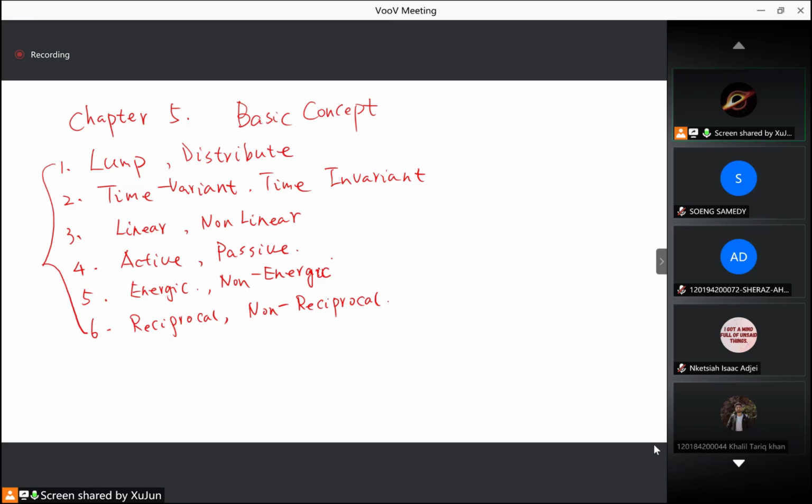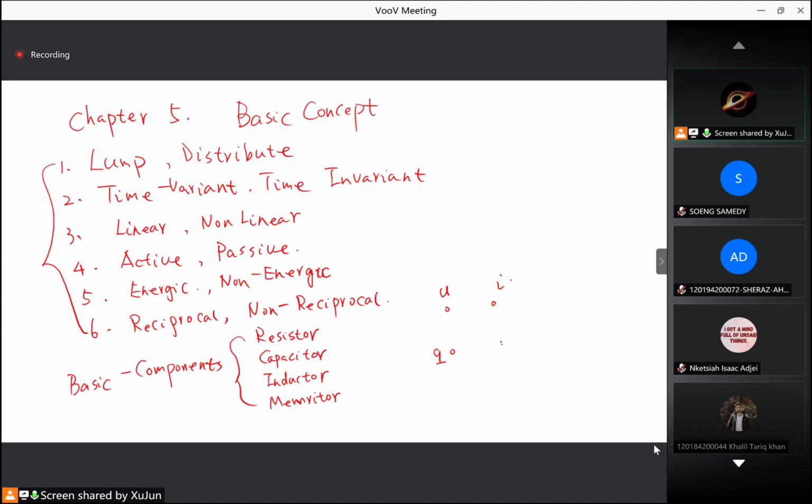And then we introduce the basic components: the resistor, capacitor, inductor, and the memristor. They come from u, i, q, and psi.